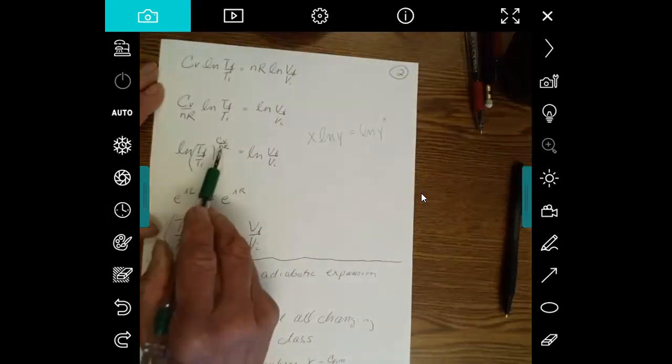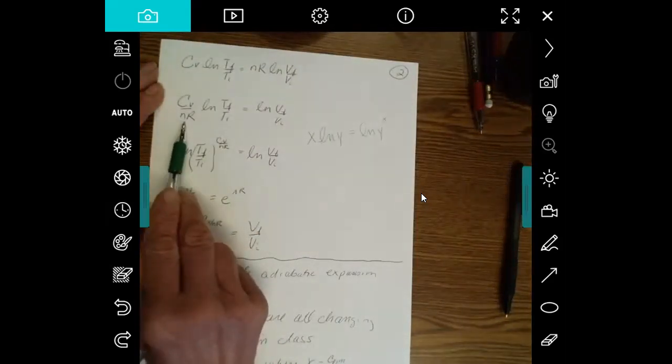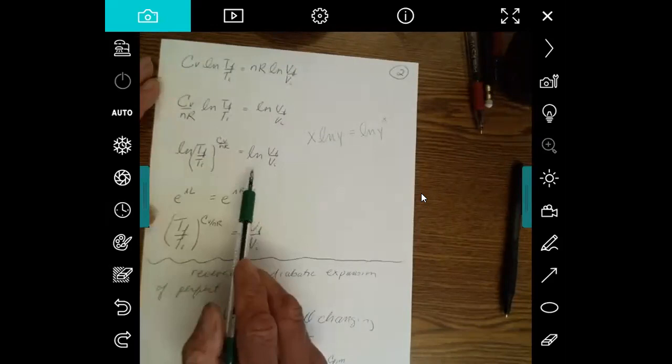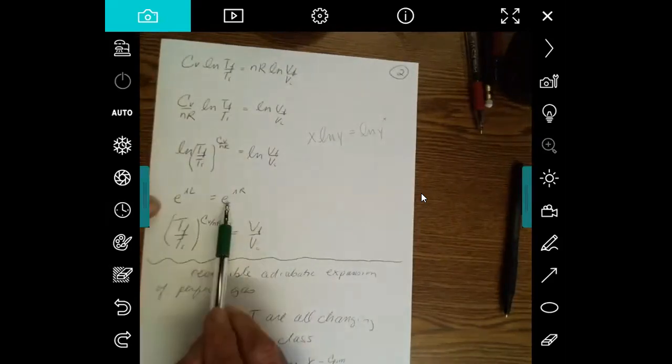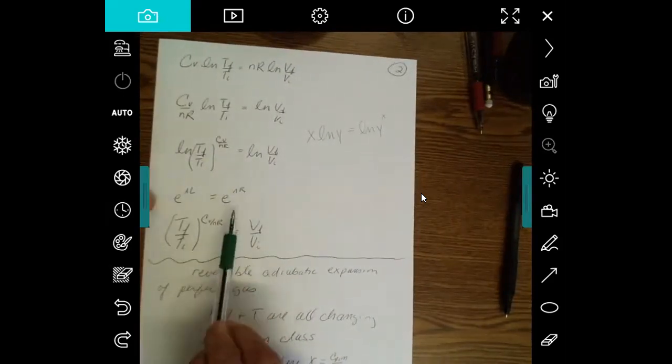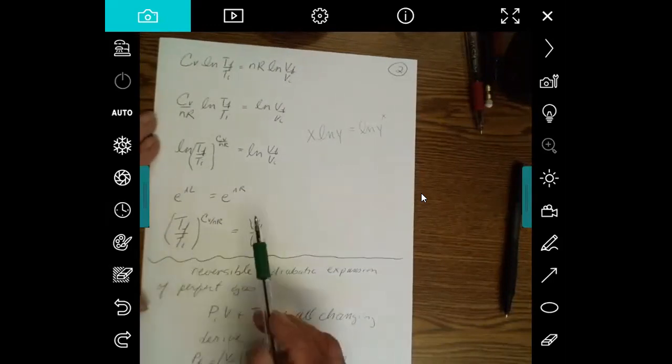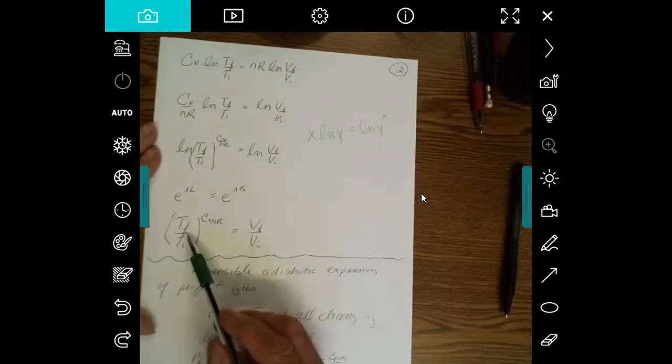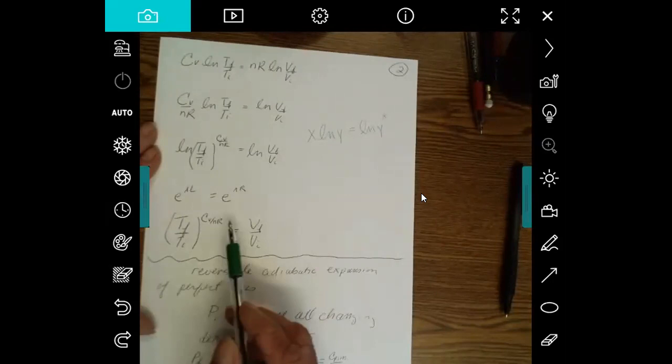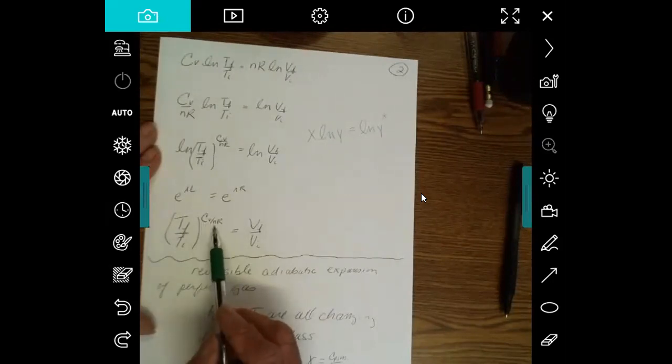So I'm going to take the Cv over nR out front and put it as an exponent. And now I'm ready to raise e to both sides. And so when I do that, I find that the relationship between the temperature change and the volume change is a function of the heat capacity at constant volume for whatever gas you're talking about over nR.